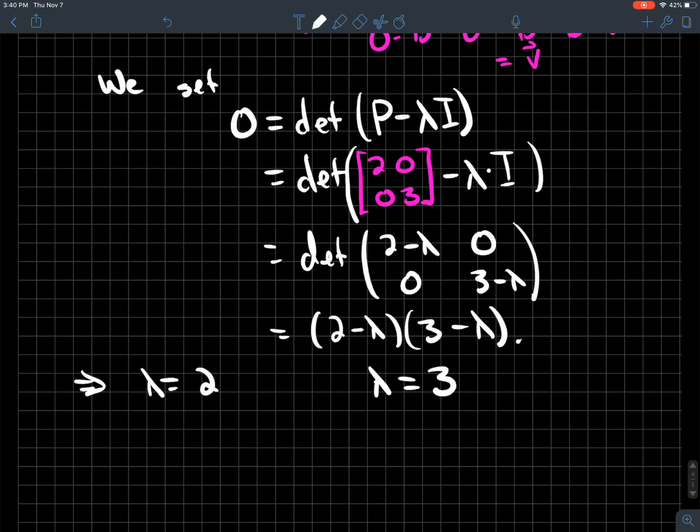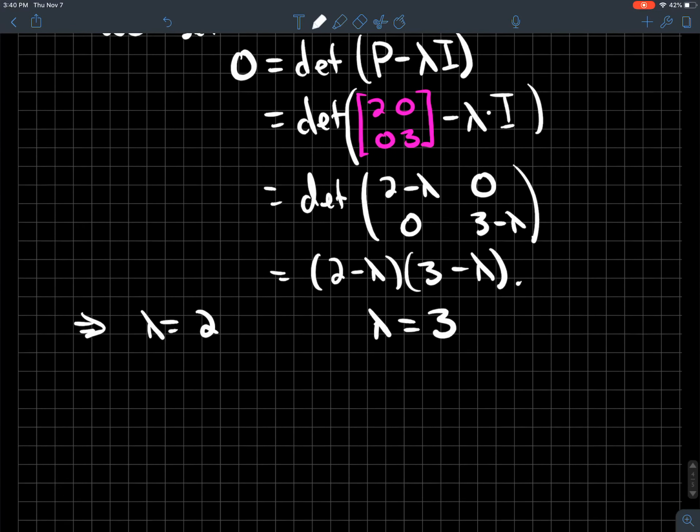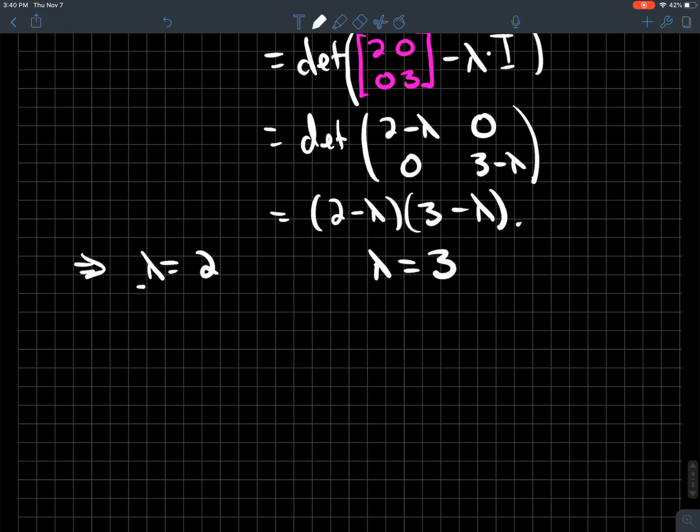All right. The next step is to find the eigenvectors corresponding to each one of these. Let's begin with lambda equal to 2. We plug it in: P minus our eigenvalue, so in this case 2 times the identity, and we want a V such that this goes to 0.